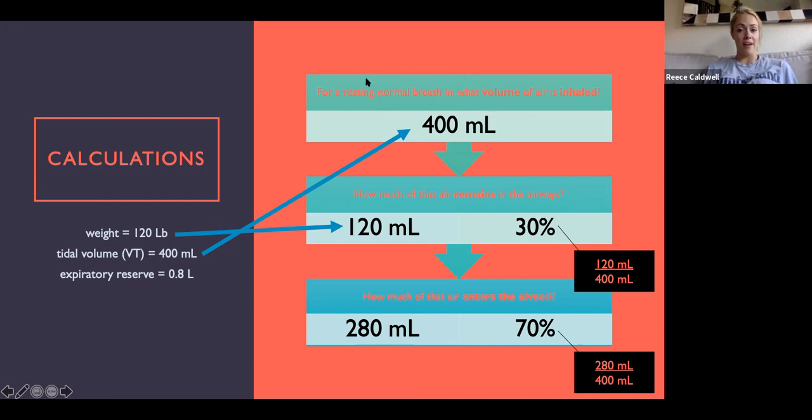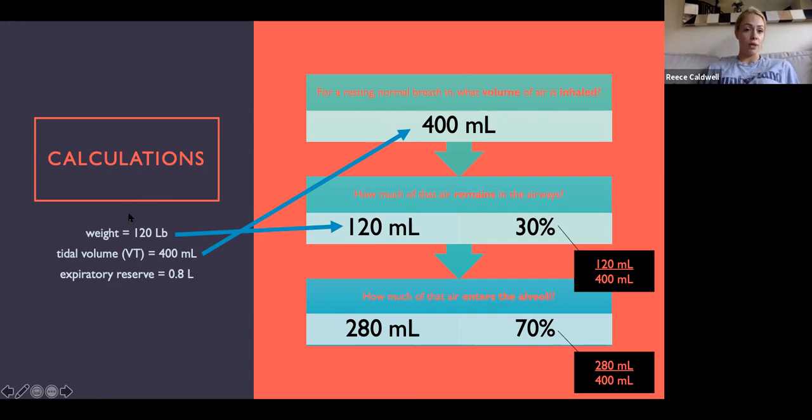So normal breath, that's when it's important to really understand that tidal volume is normal breathing, and that's how you can match those up. Then we are asked how much of that air is going to remain in the airway, or how much will be in the dead space. So we know that for every pound of body weight, we have 1 milliliter of dead space air.